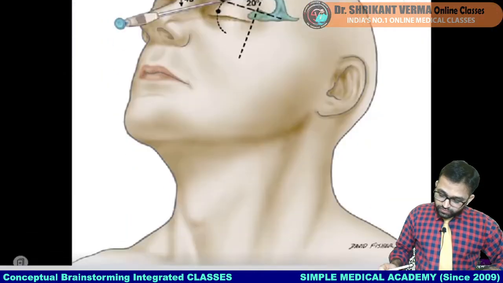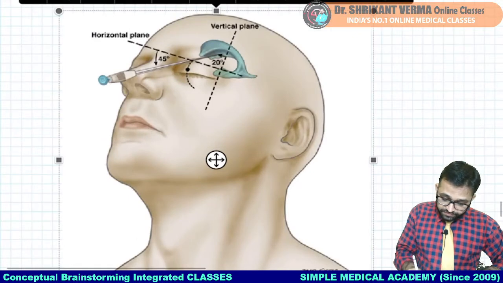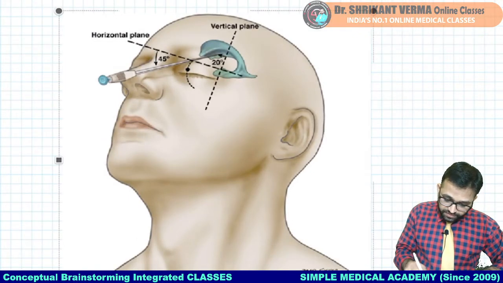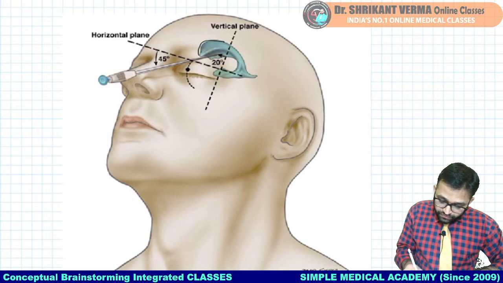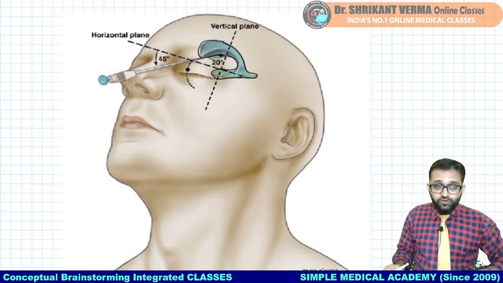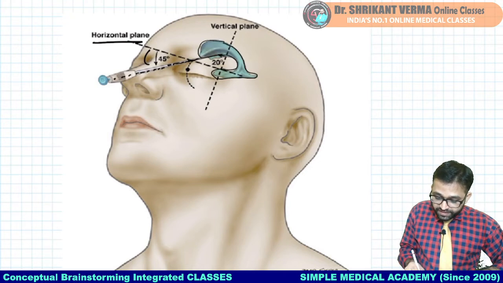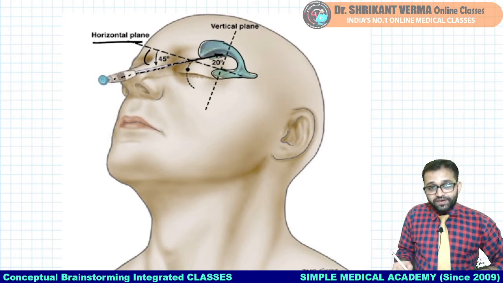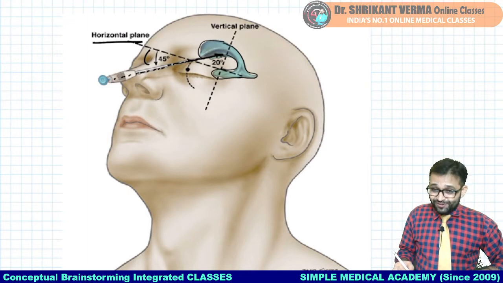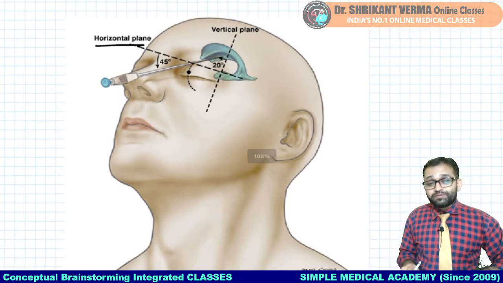You all will do these things as you proceed further in the medical field. So can you see? Here is the location of the ventricle. Can you see? This is our lateral ventricle. So again, when we observe the ventricles in detail, we will see all these topics. So you are introducing the needle from the nose, making 45 degrees from the horizontal plane and reaching into the lateral ventricle. Fine. So yes, it is not easy. It is also dangerous, but sometimes all these procedures are required. So this is our ventricular puncture.